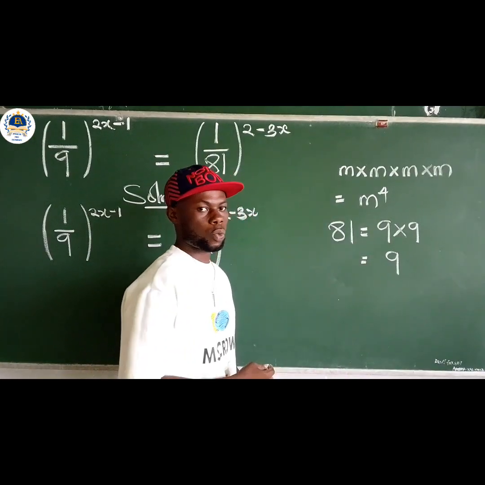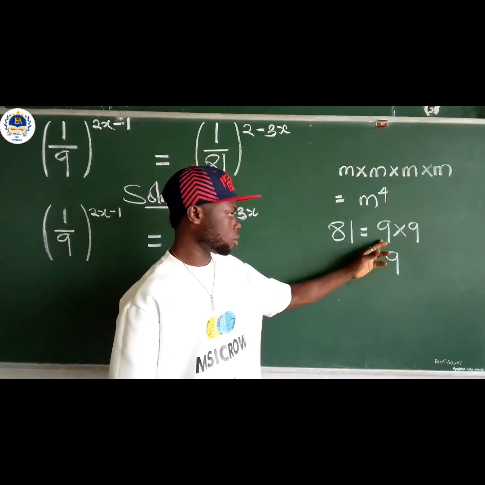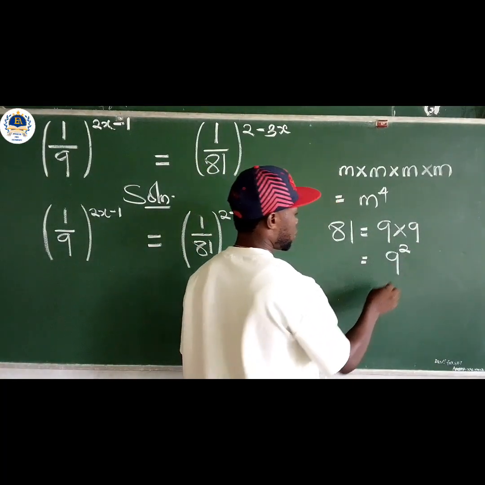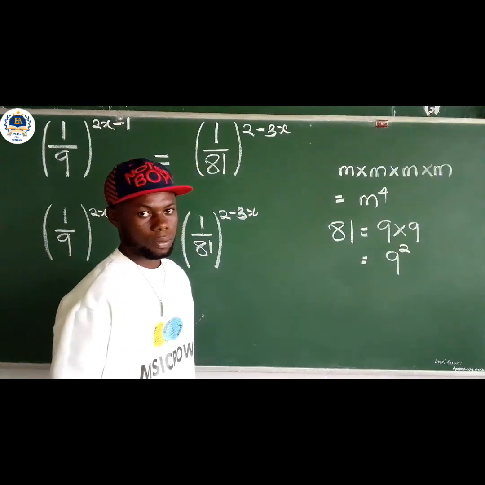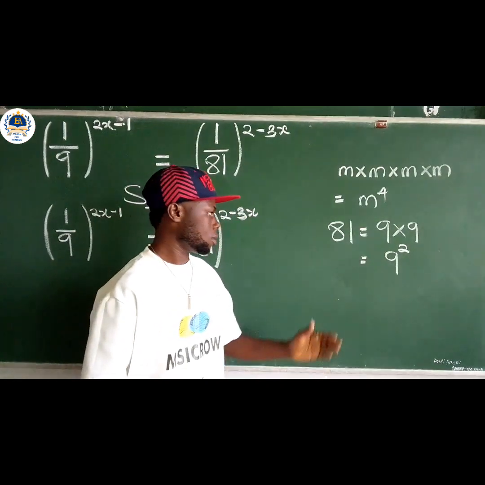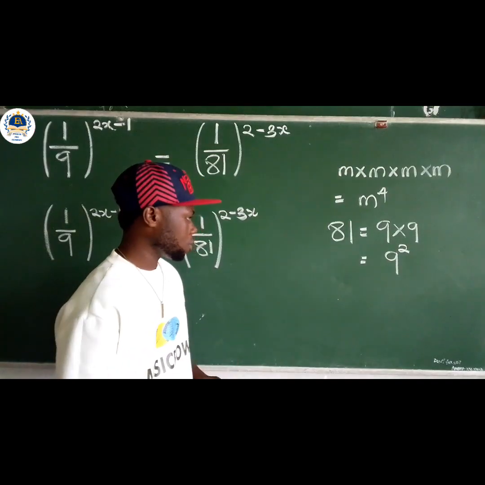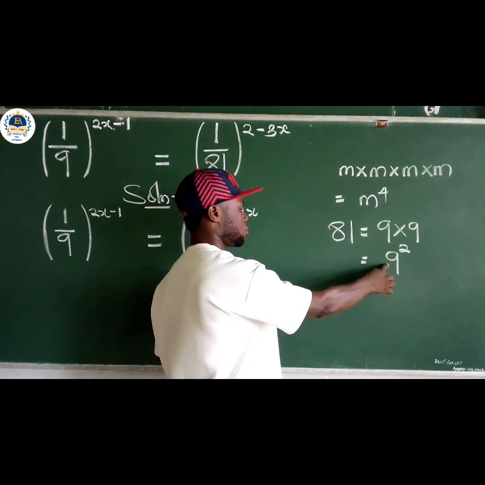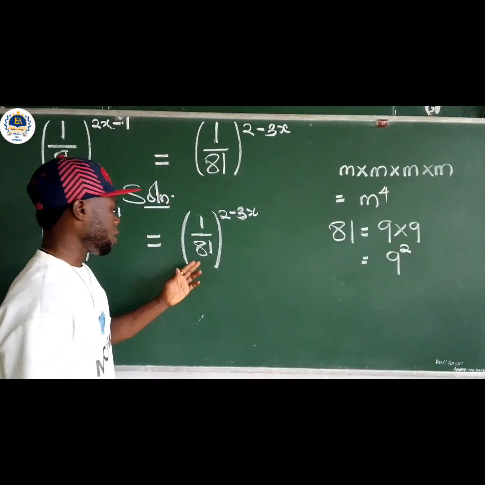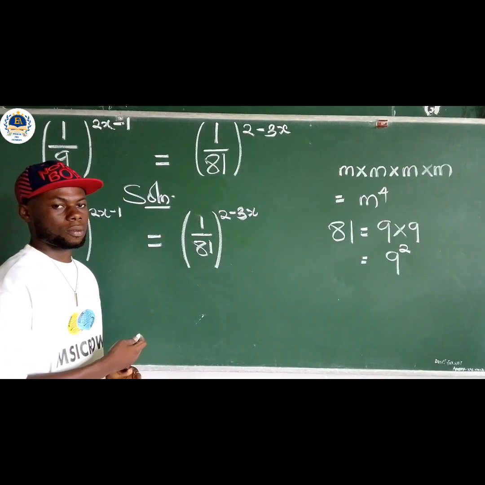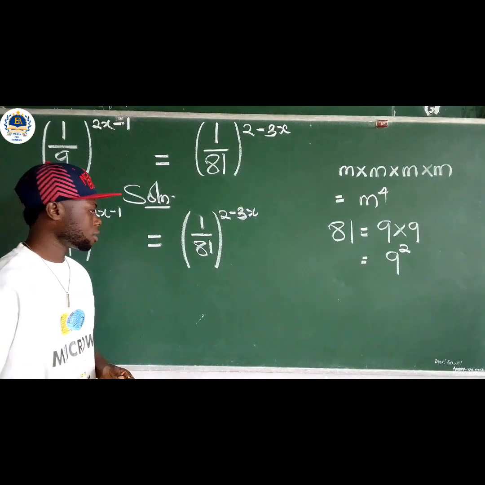Then how many 9s do we have there? 1, 2. So that gives 9 raised to the power of 2. 9 raised to the power of 2 is the same as 81. At this point, let's substitute 9 raised to the power of 2 in the place where we have 81, so both sides of the equation will look alike.